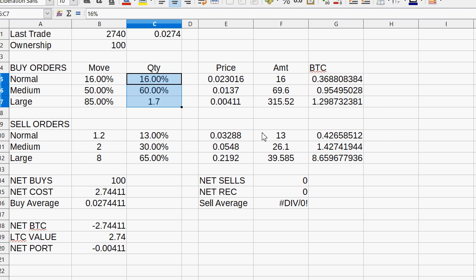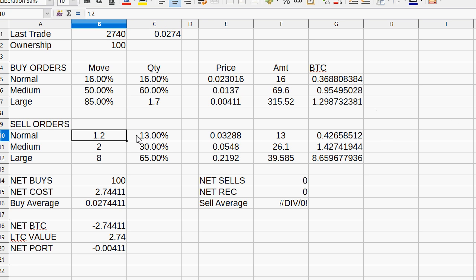For the sell, if the market has a 1.2x gain, then I want to sell 13%. So on a 20% move, sell 13% of what I own. So I'd be selling 13 of 100. I would sell them at the price of 0.03288. Okay.